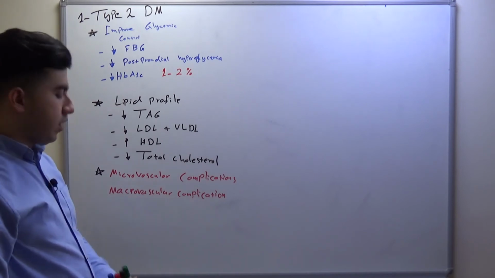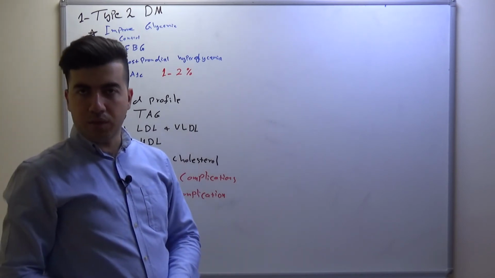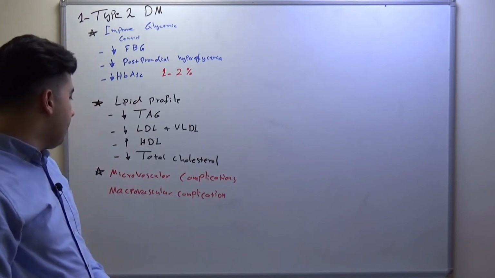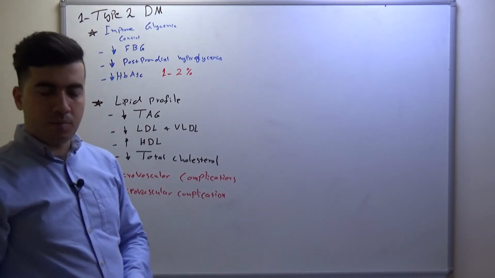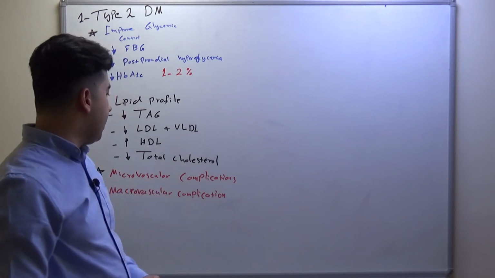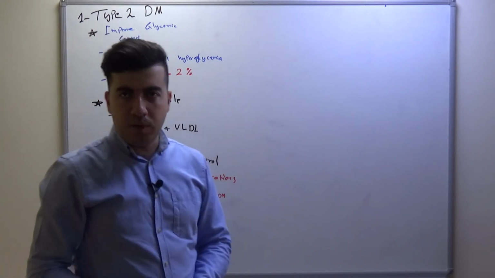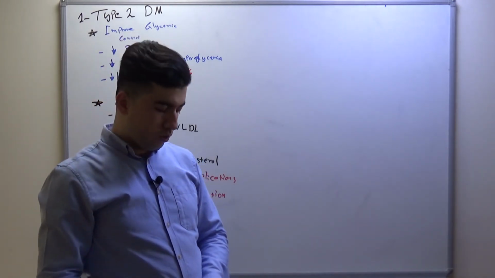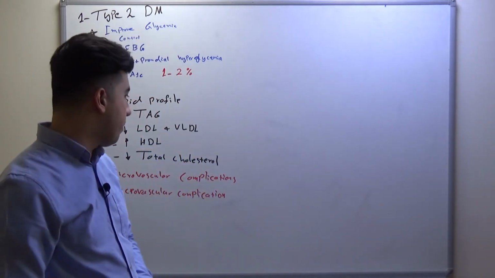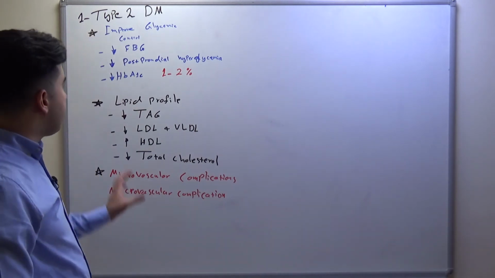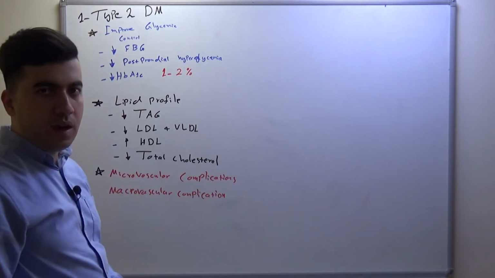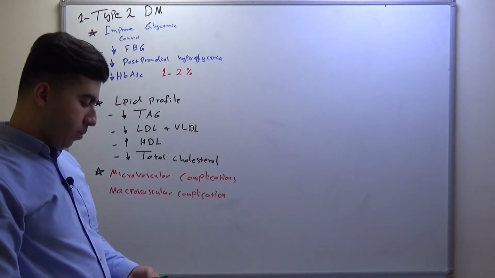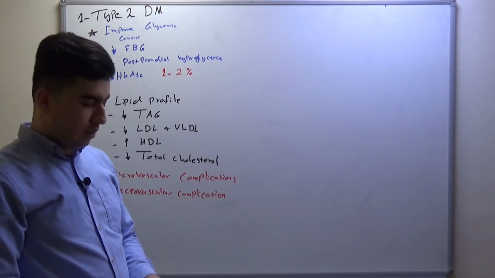Macrovascular complications including what? Myocardial infarction, MI, and also stroke, and maybe claudication or ischemia of the periphery. And microvascular complications including diabetic retinopathy, nephropathy, peripheral neuropathy, and also autonomic neuropathy. Metformin reduces or at least delays the development of the microvascular and also macrovascular complications of diabetes mellitus type 2.